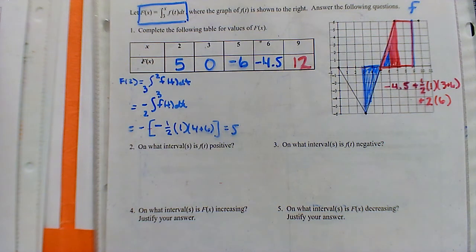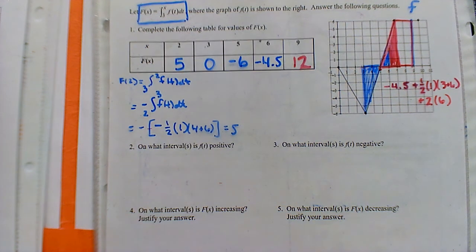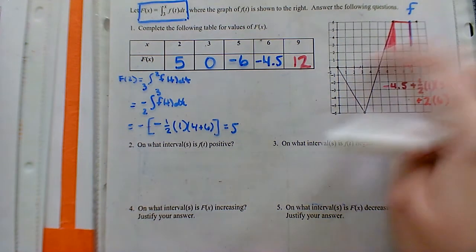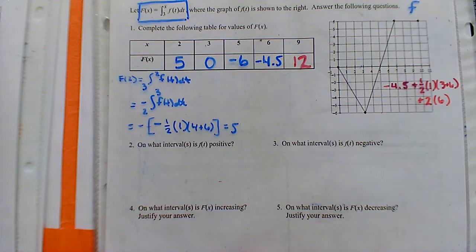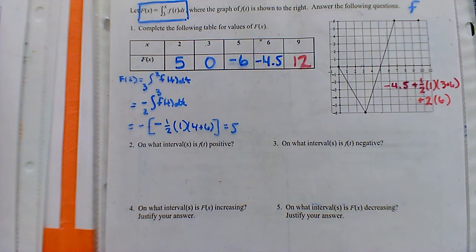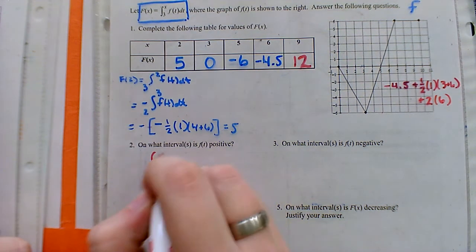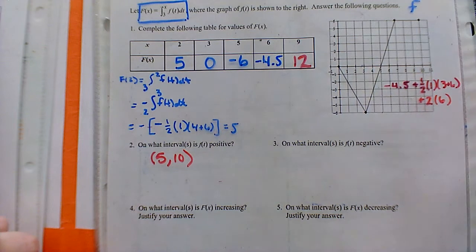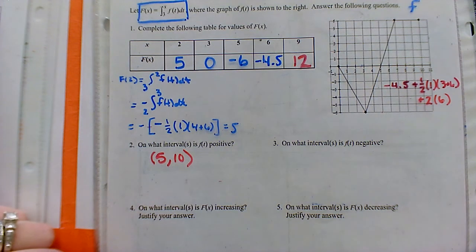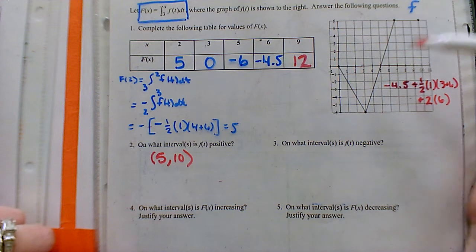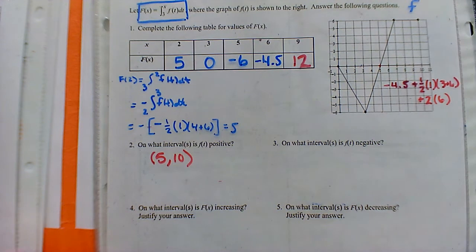Let's try the next one. On which intervals is f positive, little f? How'd you know? The graph. Okay, this is the graph of little f. They're basically asking you when is this graph positive, aka above the x-axis. So we'd have from 5 to 10.